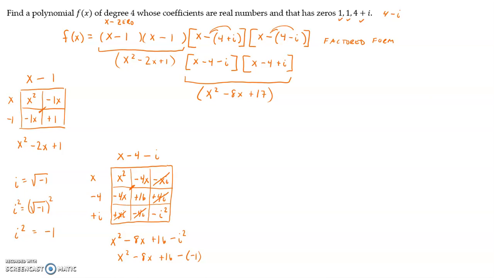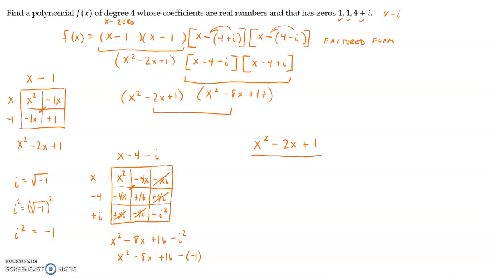Okay, we're still not done because we still have to multiply these two sets of parentheses. Let me go ahead and bring this one down so we can see it. We're going to have to multiply these two pieces together as our very last step. So one more round of multiplication here. I'll go ahead and set up my boxes. I've got my x squared minus 2x plus 1.